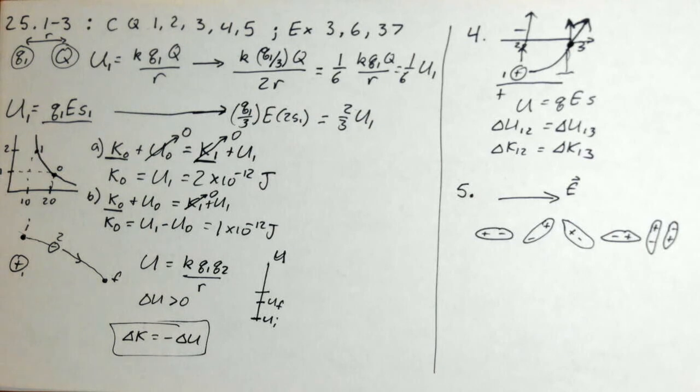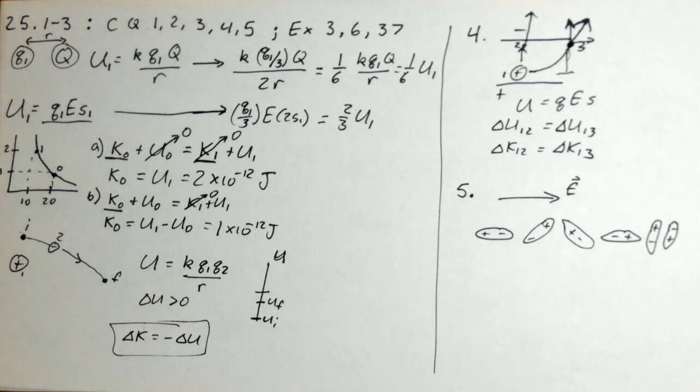If you think about forces alone on this, this actually makes it kind of easy. If the electric field is pointing to the right, what do positive charges want to do in an electric field? They want to go in that direction. And a negative charge wants to go in the opposite direction.